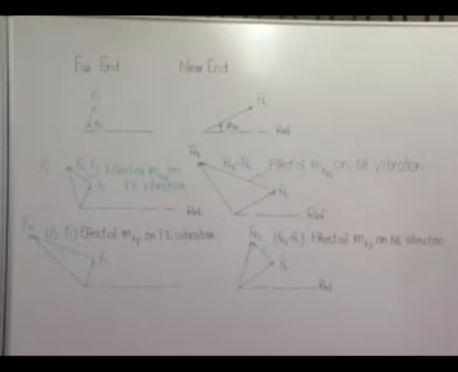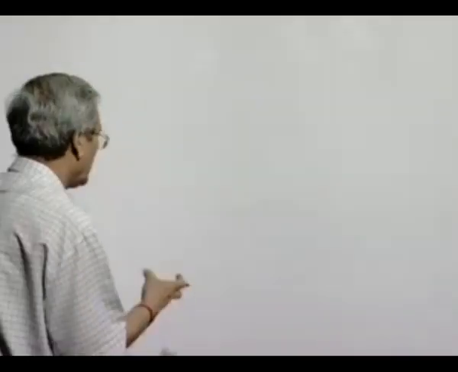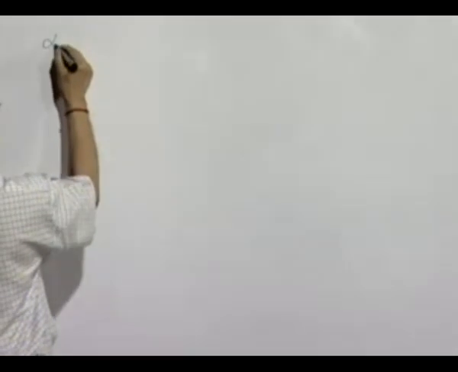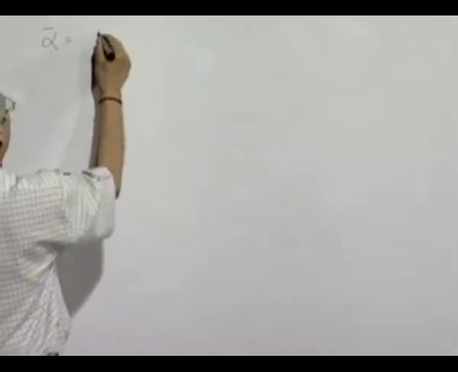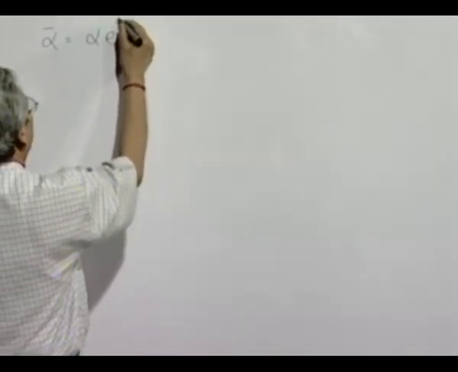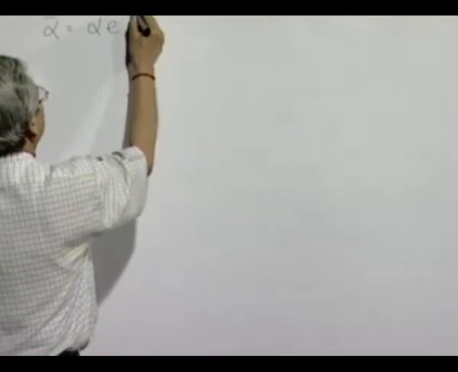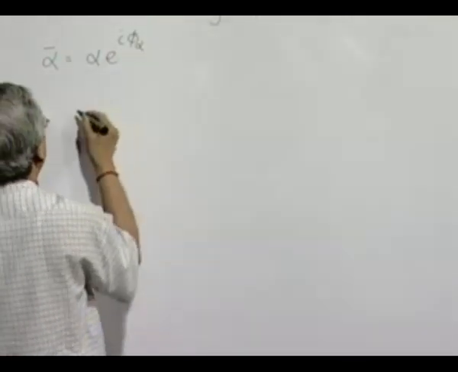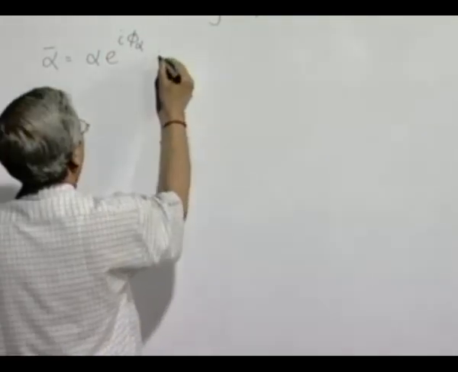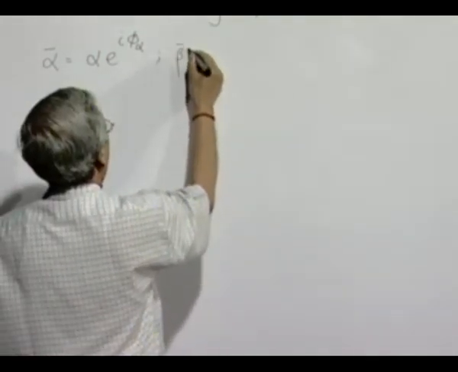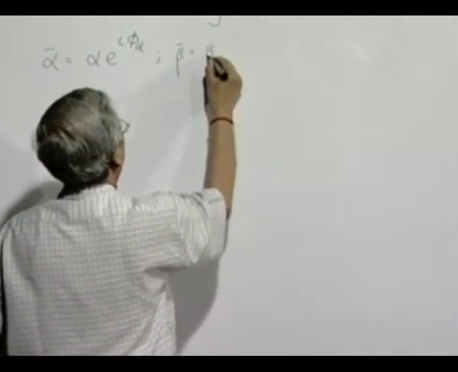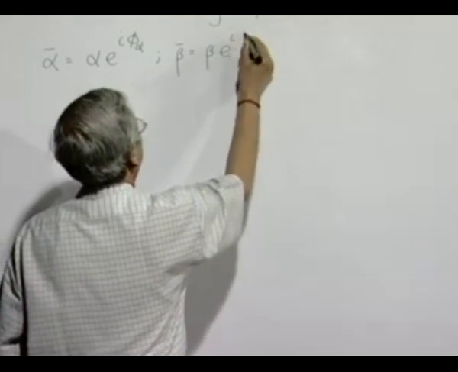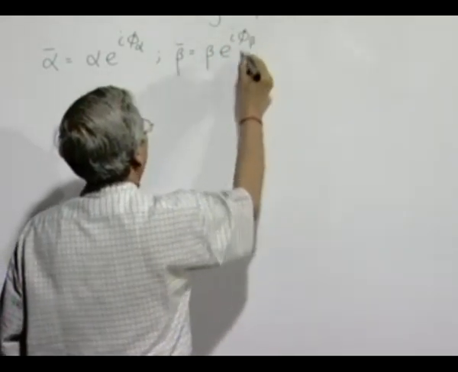So, we will use that. What we will do, we will have two vector operators, alpha, which is equal to alpha e to the power i phi alpha, and beta equal to beta e to the power i phi beta.